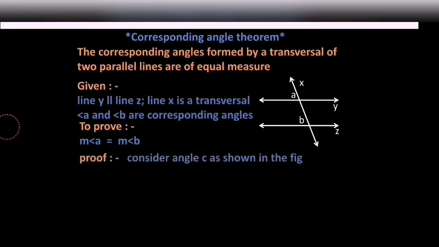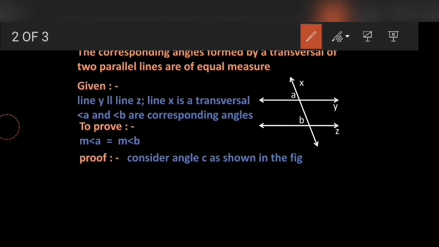Very first, let me clear this. I told you a moment ago that interior angles are supplementary, and this property will be considered as a base property. If you are able to prove interior angles are supplementary, then ultimately you are proving two lines are parallel.